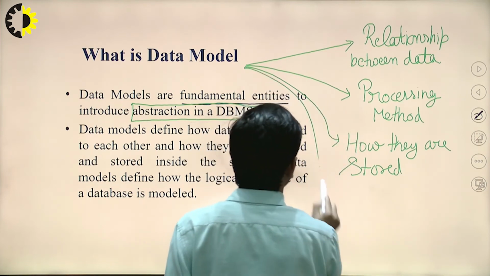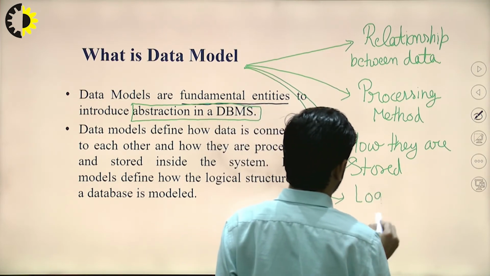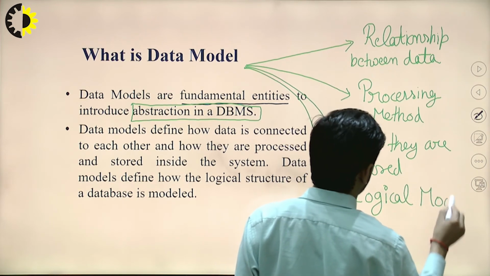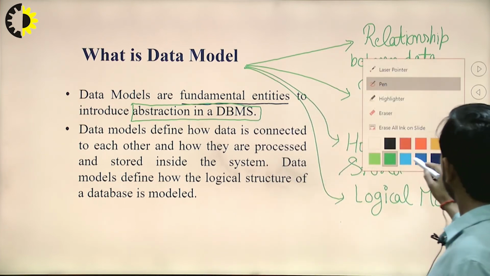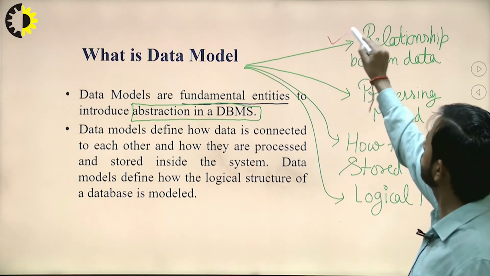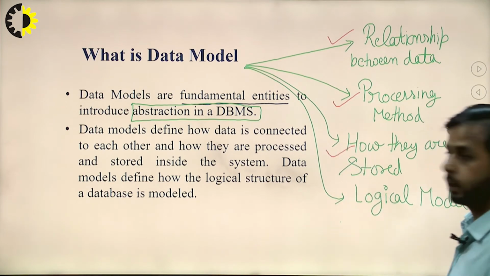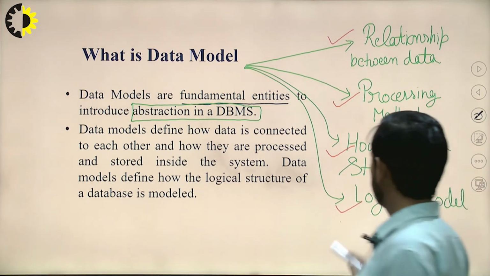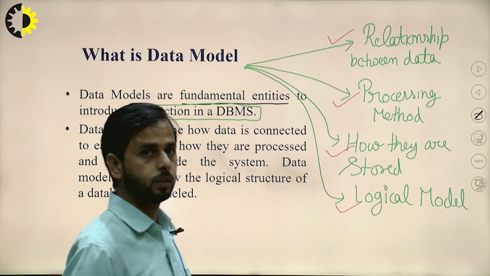And it also defines the logical structure, or you can say logical model. All these things are defined by the data model: relationship between data, processing method, how data is processed, how it is stored, and the logical model.